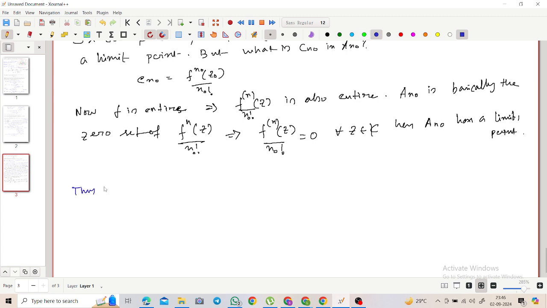Thus, take the expansion about 0 to get f(z) equals f(0) plus f prime (0) z and so on.